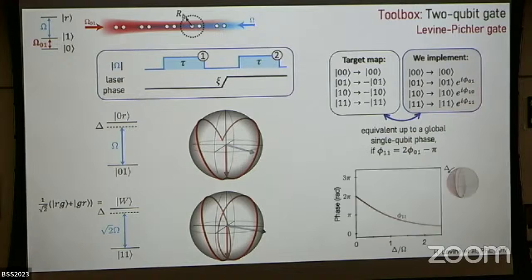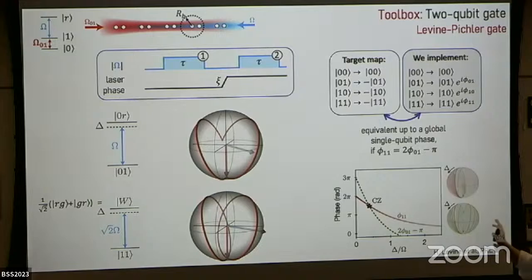If you look at the phase acquired by the state 11 and the phase acquired by the state 01, they are identical for a specific detuning of your Rydberg laser. Again, I know you're confused.